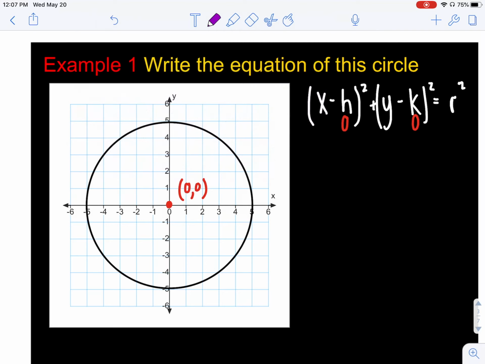The radius we give will be easy to figure out, because you can just go straight up or straight down, not at an angle. The radius in this case is 5 units.